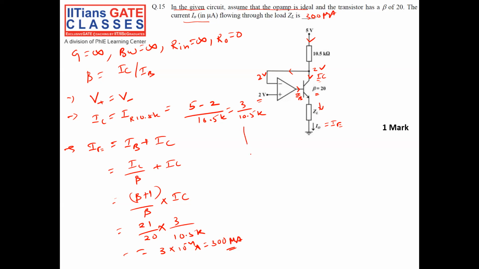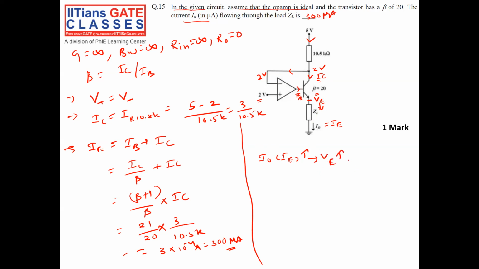Before leaving this question, I want to explain one thing. See, in this circuit, how is negative feedback operating? Suppose somehow my current I0, or IE, increases. What will happen to my V? V is nothing but IE into ZL, so V will increase.